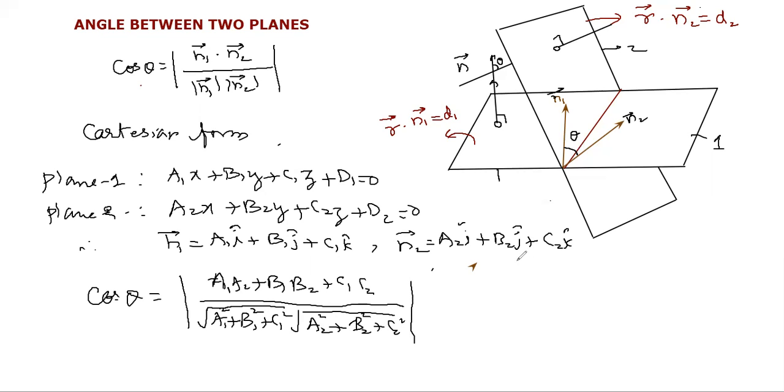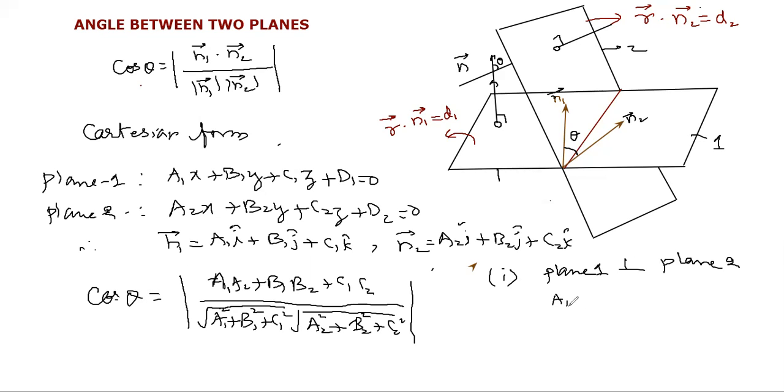So from this we will get two conditions. Condition number 1 is for when the planes are perpendicular to each other, and when the planes are parallel to each other. So perpendicularity: if plane 1 is perpendicular to plane 2, then the condition is cos theta equals cos 90 degree, which is equal to 0.